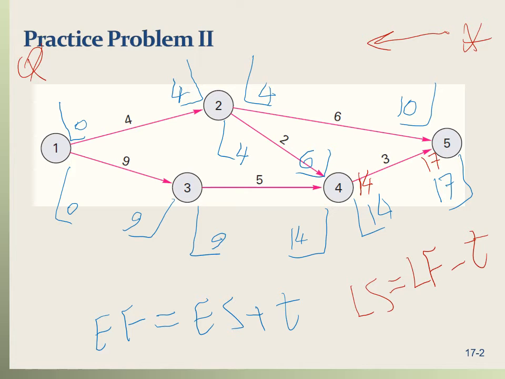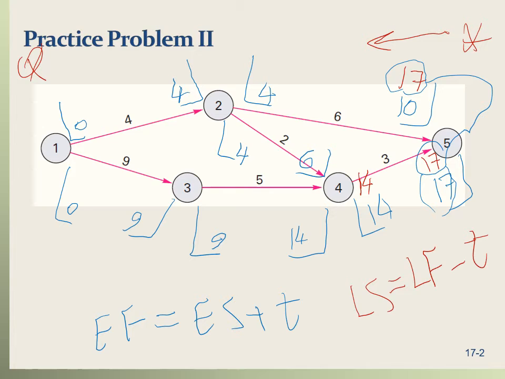Right, now let's move on to the parallel activity, activity 2 to 5. The latest finish for activity 2 to 5 is 17 because that's equal to the length of the project.